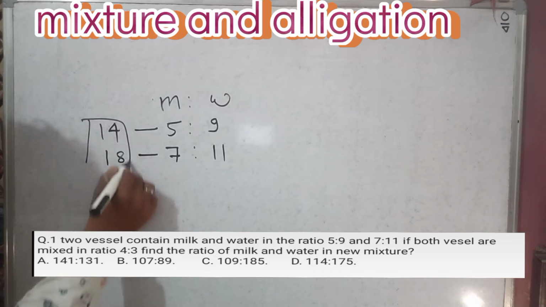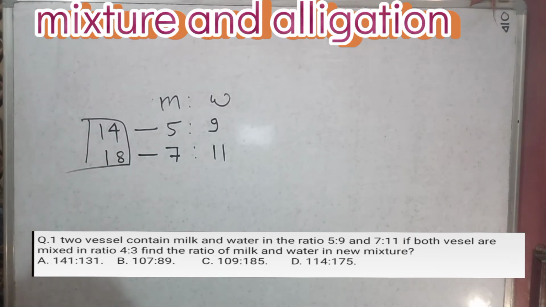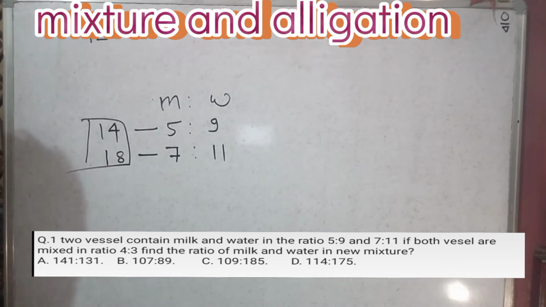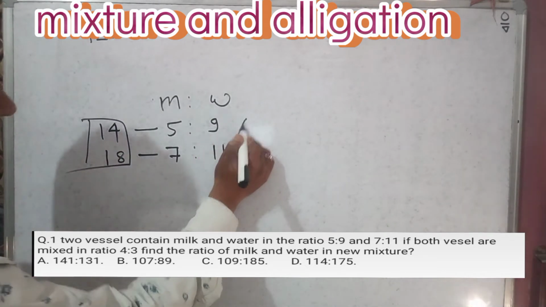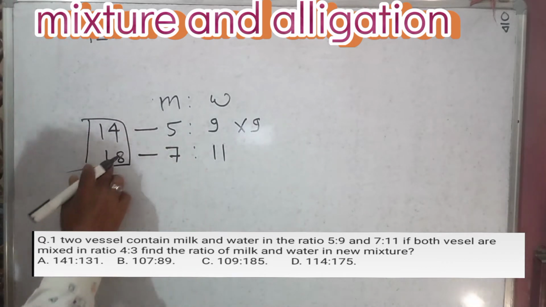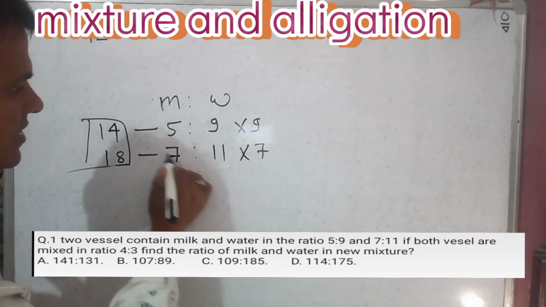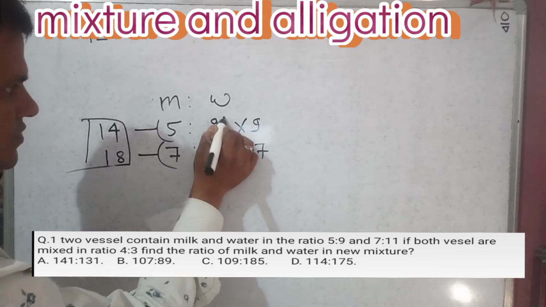If both are not the same, we can take the LCM. So 14 and 18 LCM is 126. 14 goes 9 times, so multiply the whole ratio with 9. 18 goes 7 times, so multiply the whole ratio with 7.